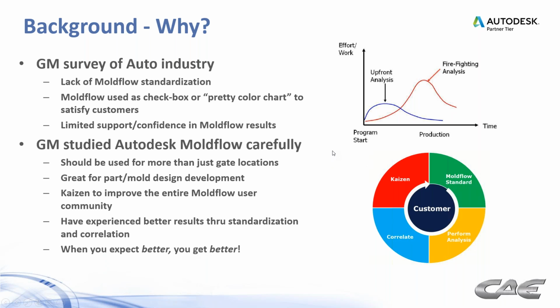And ultimately, when you expect better, you get better. Low expectations give you poor results. If you have higher expectations, ultimately, you can expect over time things to get better, not just with the users, but also with the software. So it's also used to push the software developers to improve things.